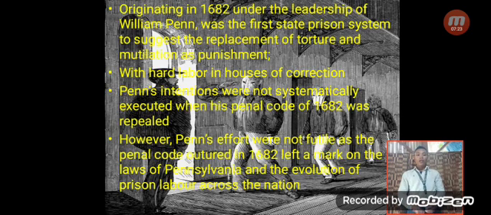Next slide. So the evolution of American prison labor is rooted in the Commonwealth of Pennsylvania. The Pennsylvania penal system originated in 1682 under the leadership of William Penn. It was the first state prison system to suggest replacing torture and mutilation as punishment for crimes with hard labor in houses of correction.